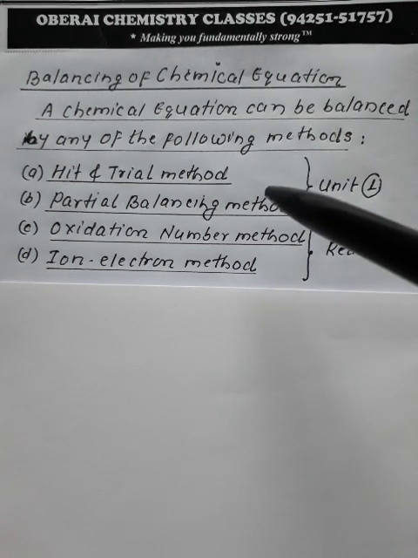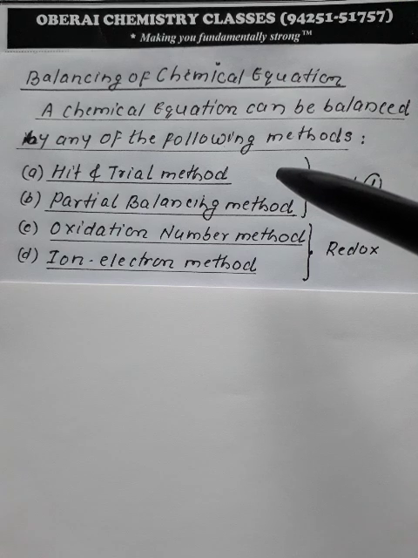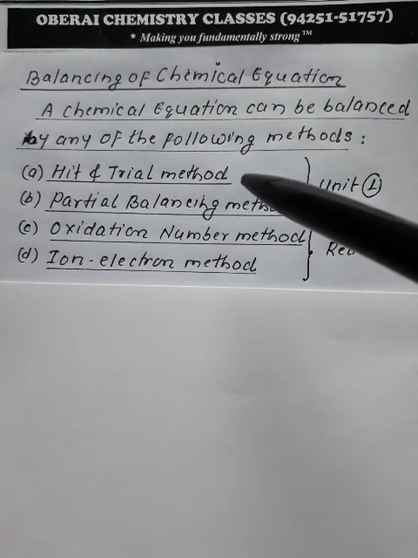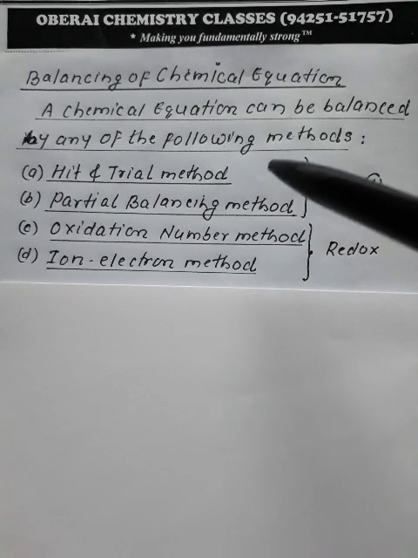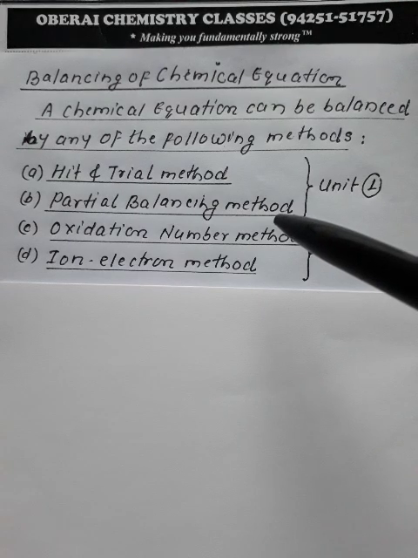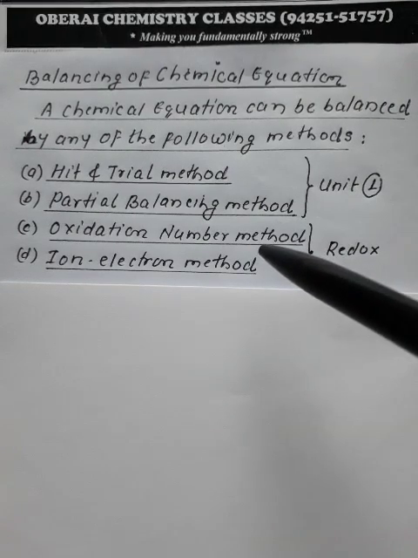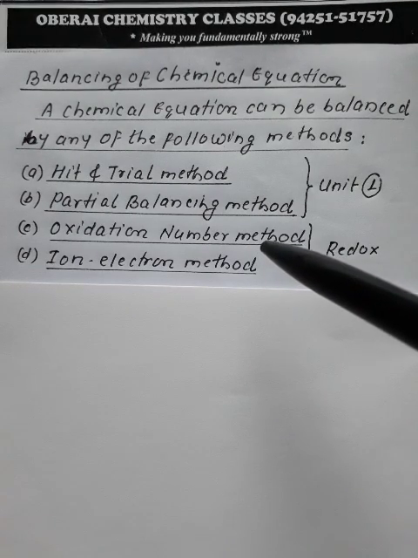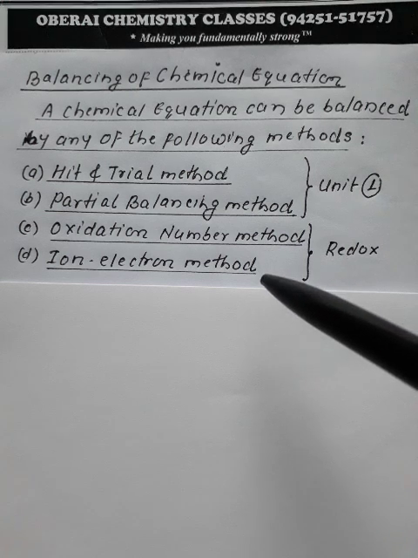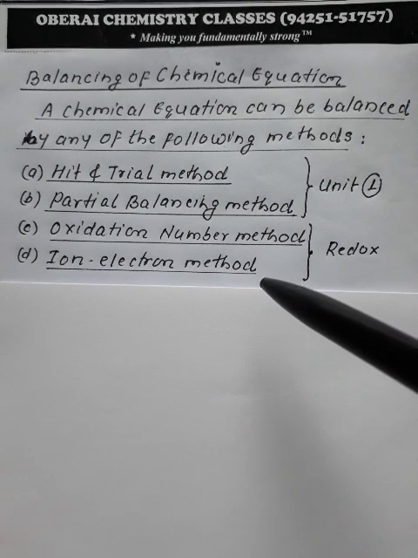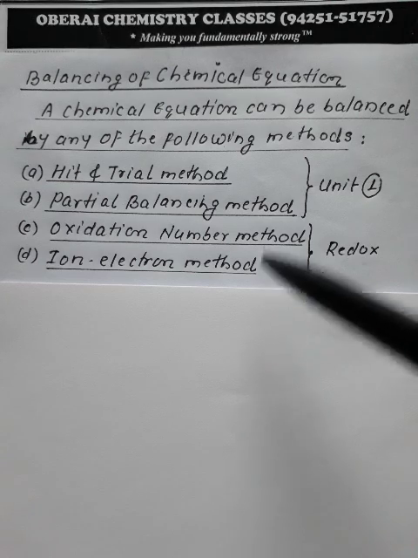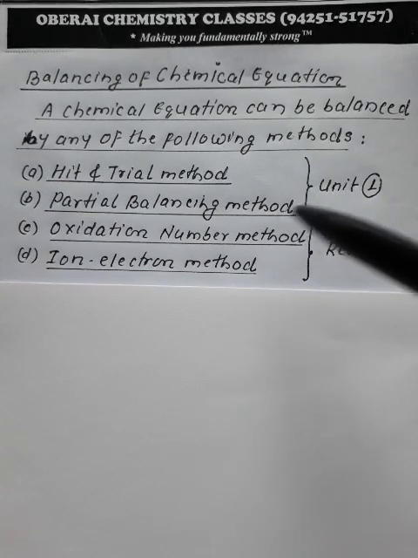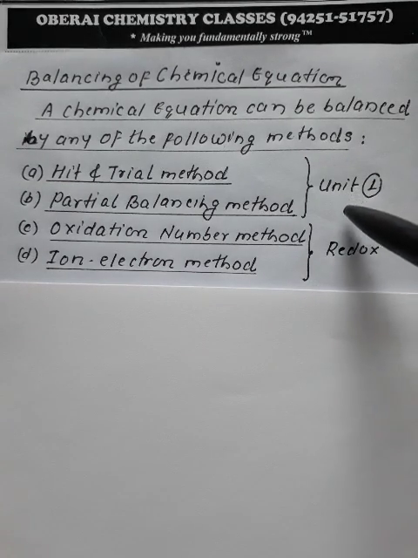There are four methods through which a chemical equation can be balanced. One is hit and trial method. The next one is partial balancing method. The third one is oxidation number method. And the last one is ion electron method. Now of these four, the first two, hit and trial method and partial balancing, are included in unit number 1 of class 11th CBSE.